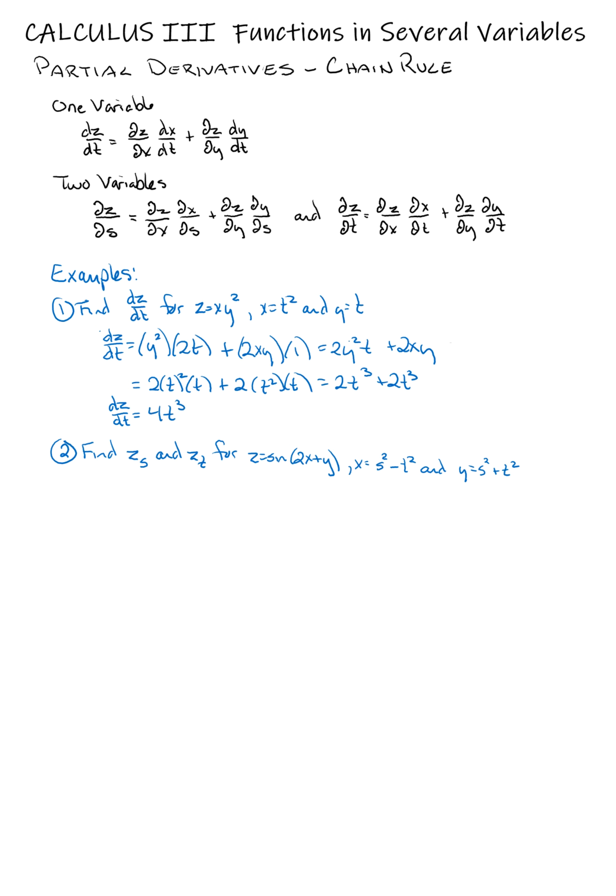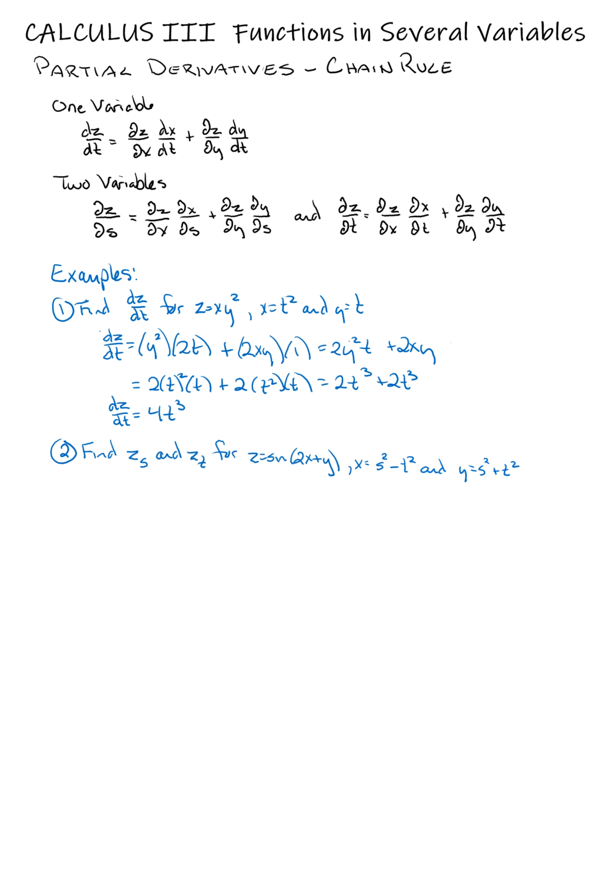Let's try example 2. We want to find the partial of z with respect to s and the partial of z with respect to t, for z equals sine of 2x plus y, x equals s squared minus t squared, and y equals s squared plus t squared.